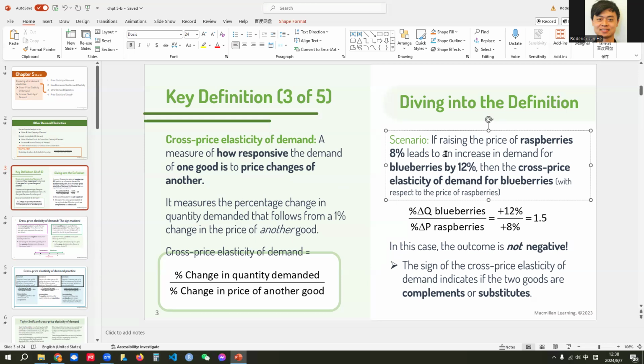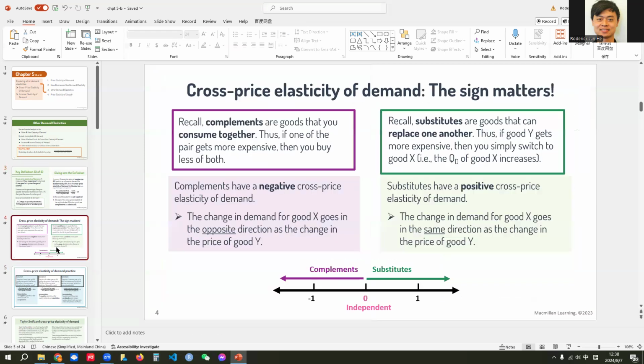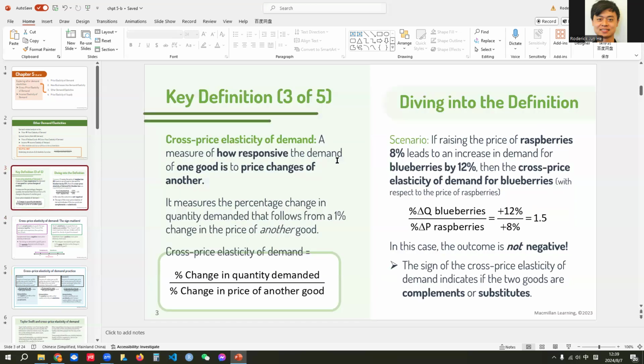So for this good itself, the elasticity of demand should be negative, right? And if these two goods are complements, then the complement works the same way as the good itself in response to the price increase, right?